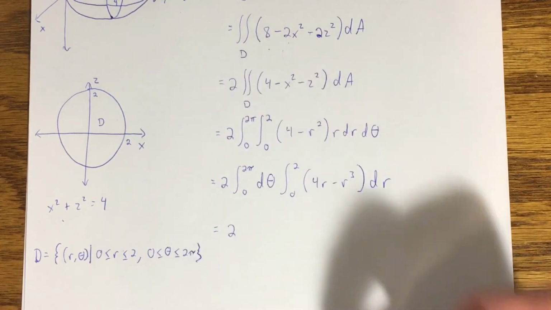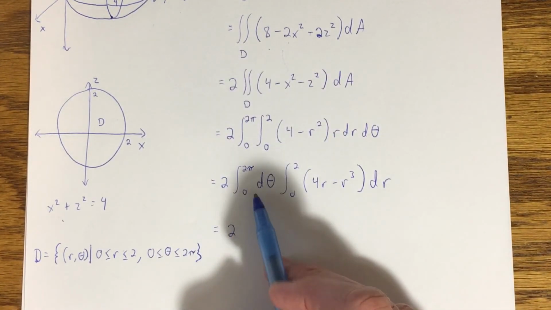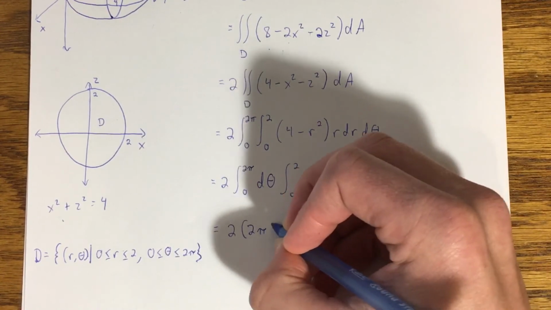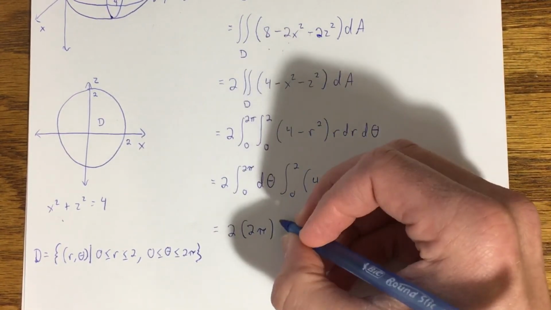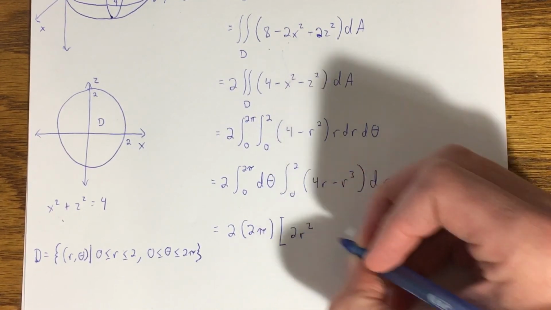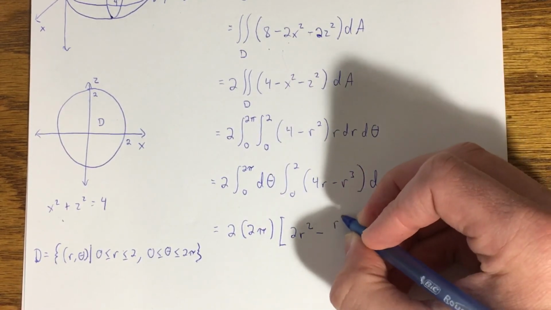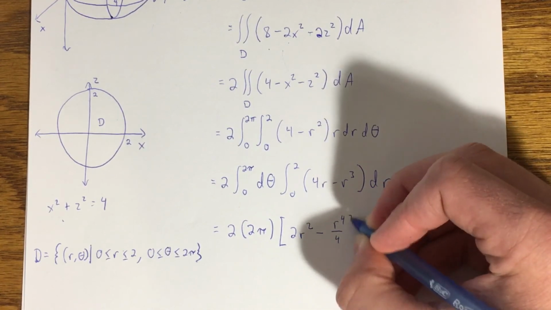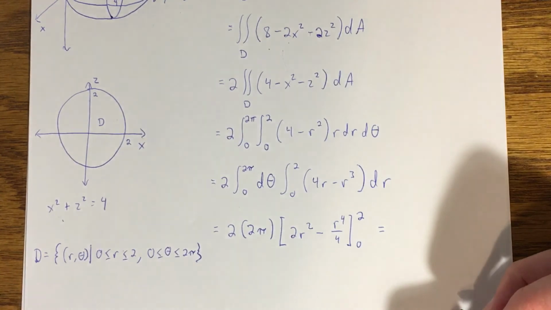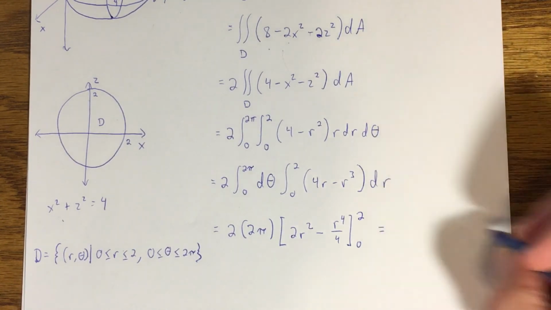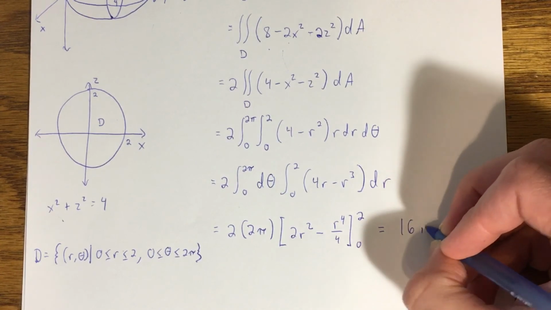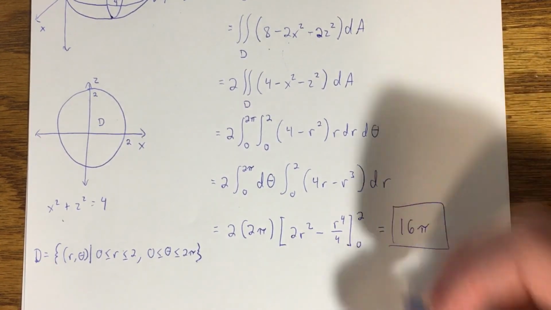I get 2 times, this will just be the difference between 2 pi and 0, which is 2 pi. Here, I'm going to integrate, and I get 2r squared minus r to the 4th over 4 from 0 to 2. And then after working everything out, multiplying everything together, we're going to get 16 pi for that volume.